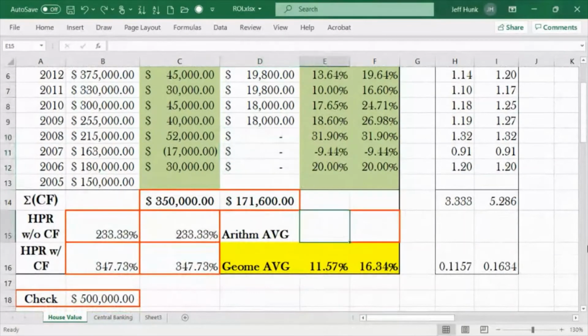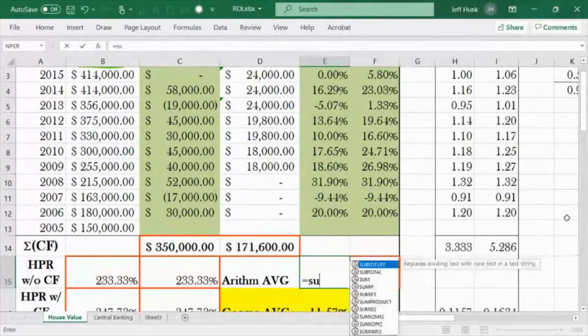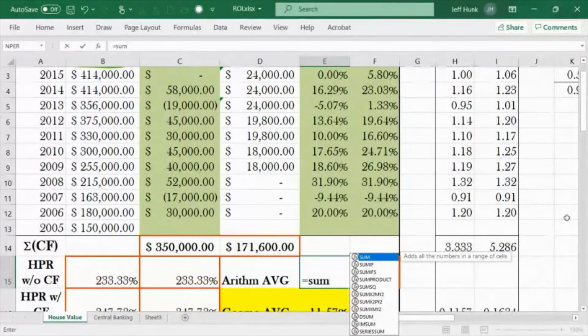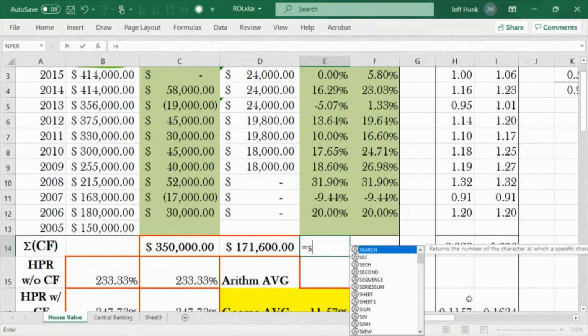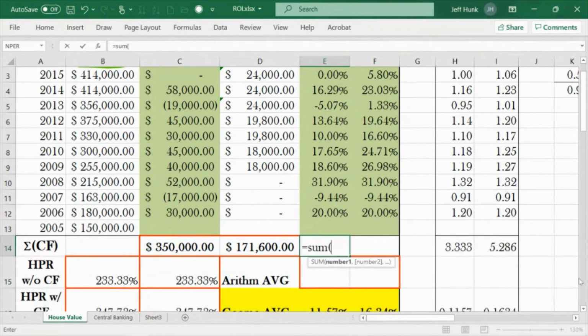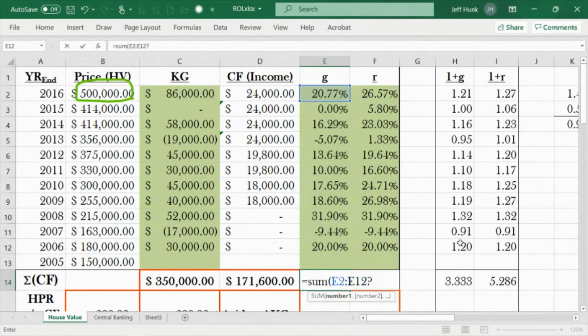Okay, so if I annualize it, isn't that simply the sum of all those numbers divided by 11?